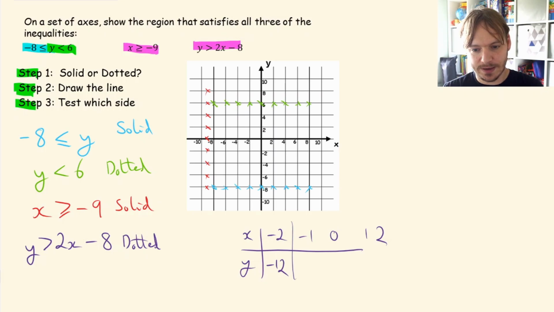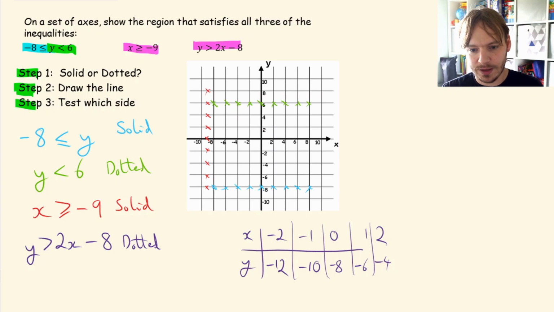If x is -1, then 2 times -1 is -2. Subtract 8 is -10. We've got a point now. 0 take away 8 is -8. 1 times 2 is 2, take away 8 is -6. And then 2 times 2 is 4, take away 8 is -4. And I could keep going, but actually I've got enough here to plot this.